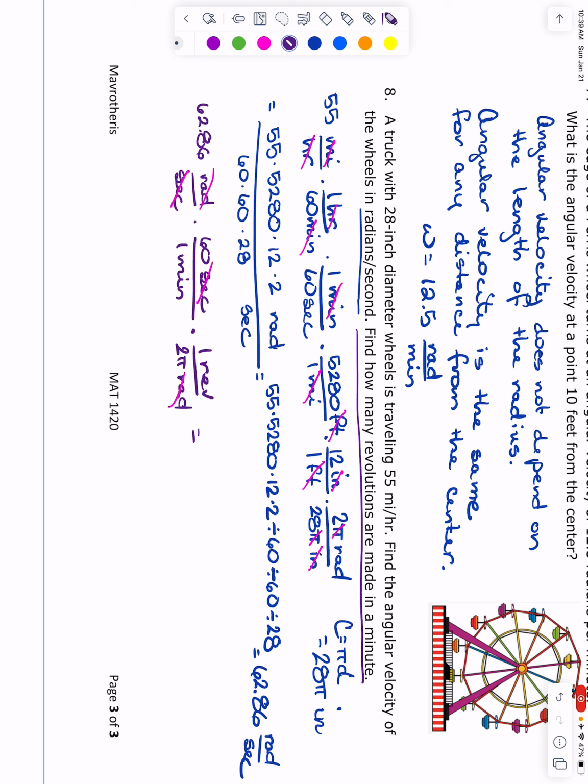And so now, same situation. I got 62.86 times 60. I'm going to divide by 2, divide by pi. Even if 2 pi is written together, there's that magical invisible multiplication between them. We get 600.27 revolutions per minute.